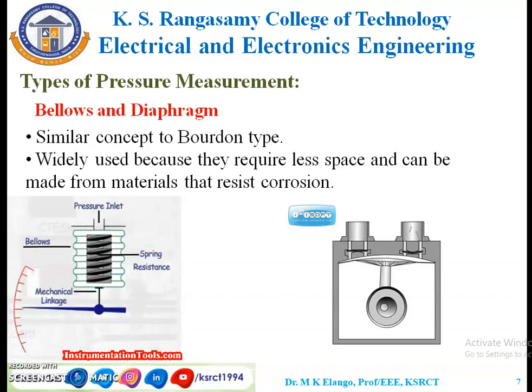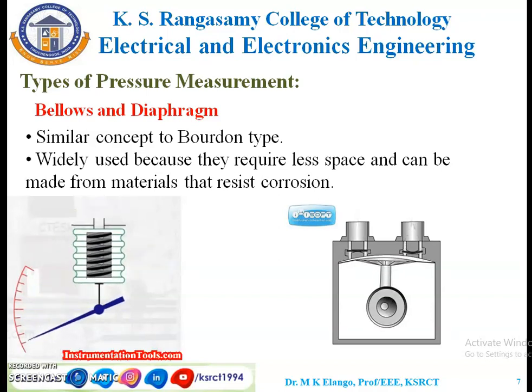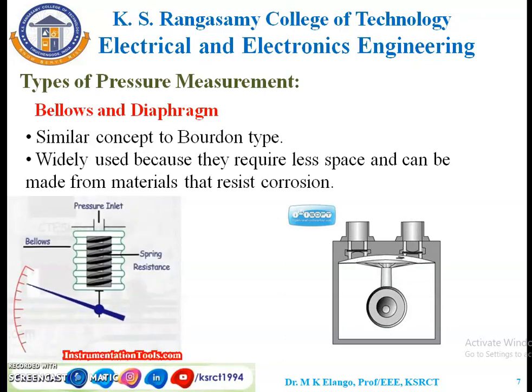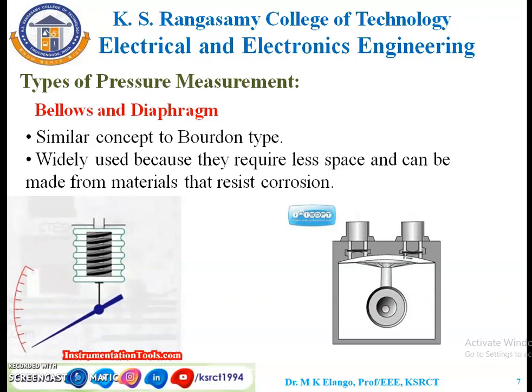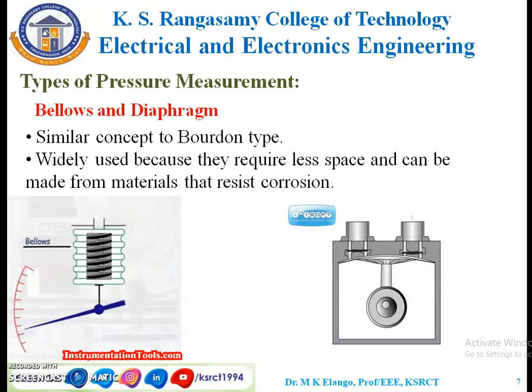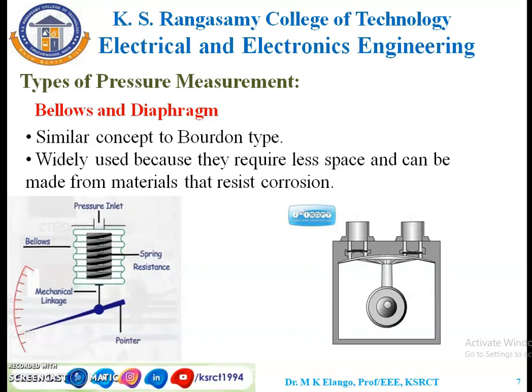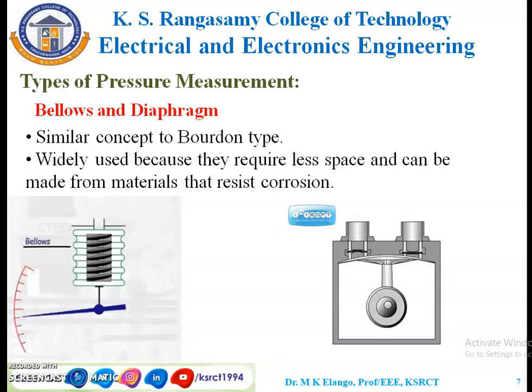Just similar to the Bourdon tube pressure measurement, bellows and diaphragm are also used. They are widely used because they require less space and can be made from material that resists corrosion. Actually, corrosion is one of the main problems under the maintenance category. So it resists corrosion, and easily they are used for such cases.